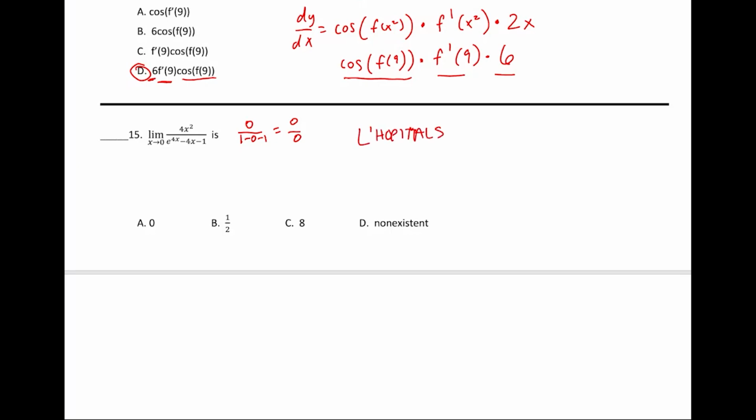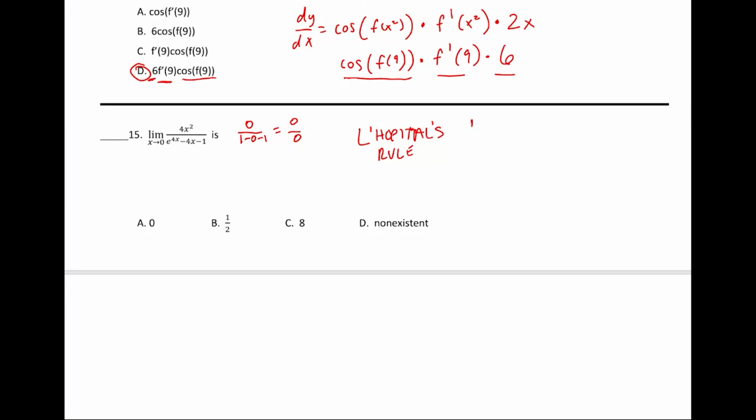It's been a while since we talked about L'Hopital's rule, which says that if you get an indeterminate limit, like 0 over 0, 0 over infinity, or infinity over 0, then the limit is going to equal the limit of the derivatives.